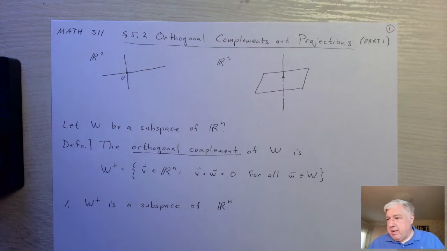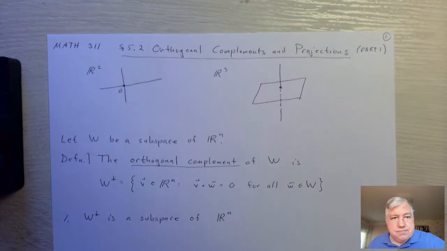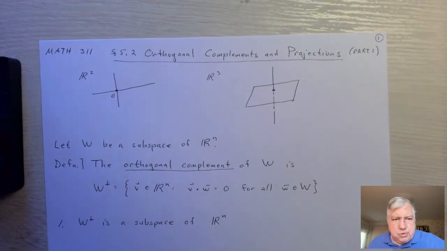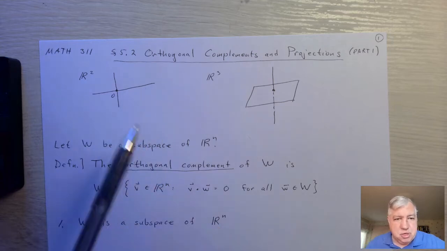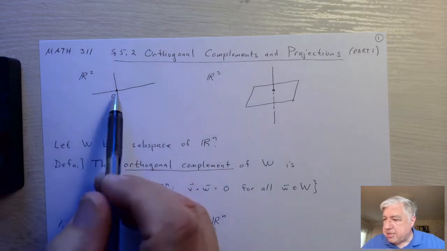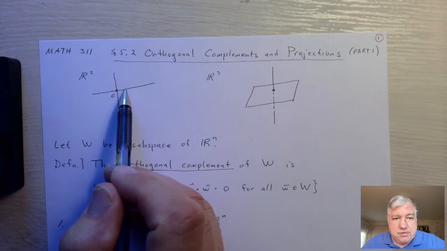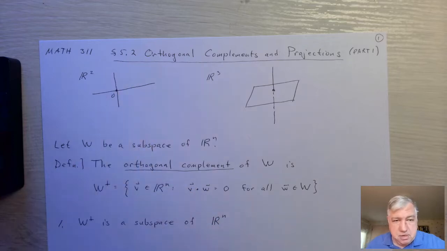The idea here is we'll go back to these two examples we looked at earlier, where we take two subspaces in R2, which are really just two lines going through the origin that are perpendicular to each other. Any vector from this line is going to be orthogonal to a vector in this line.